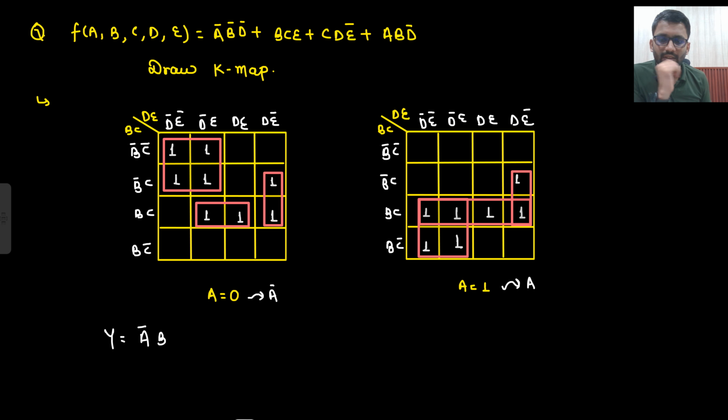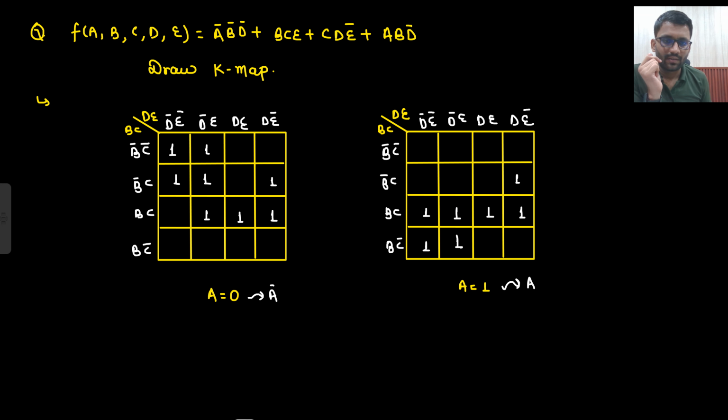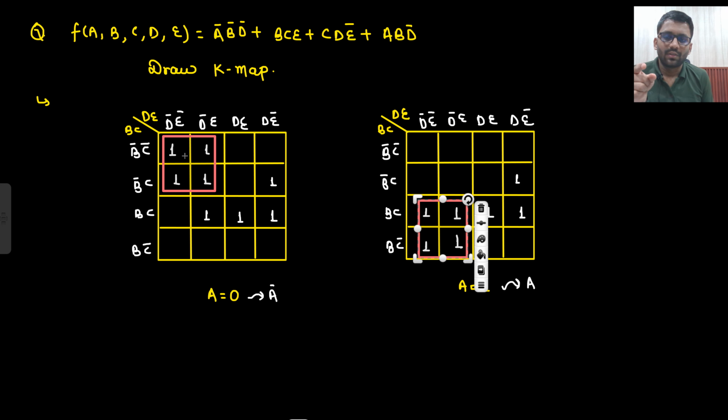Let's remove everything and let's make the pairing again. Okay, so one quad I can see and one quad I can see. 4 elements, both are different. 2 elements, total elements will be 4, right?